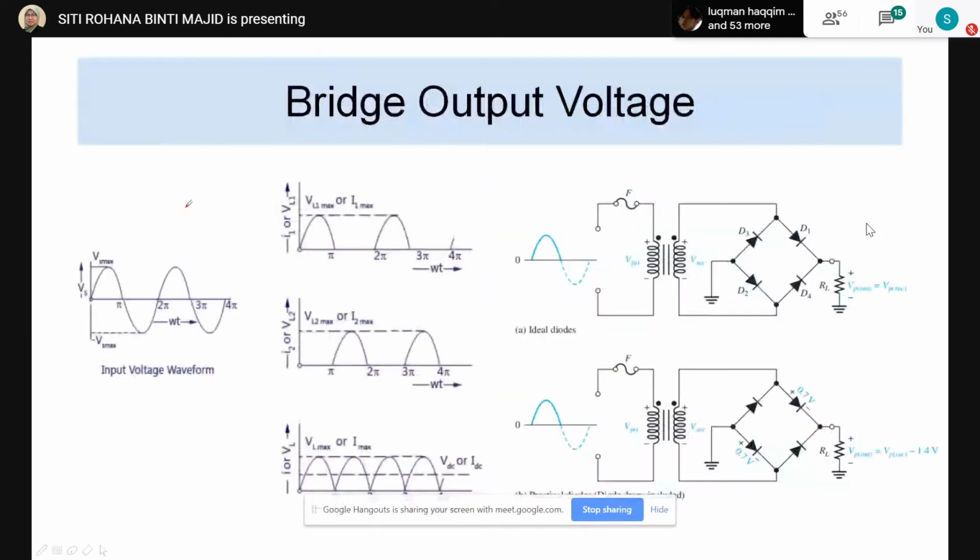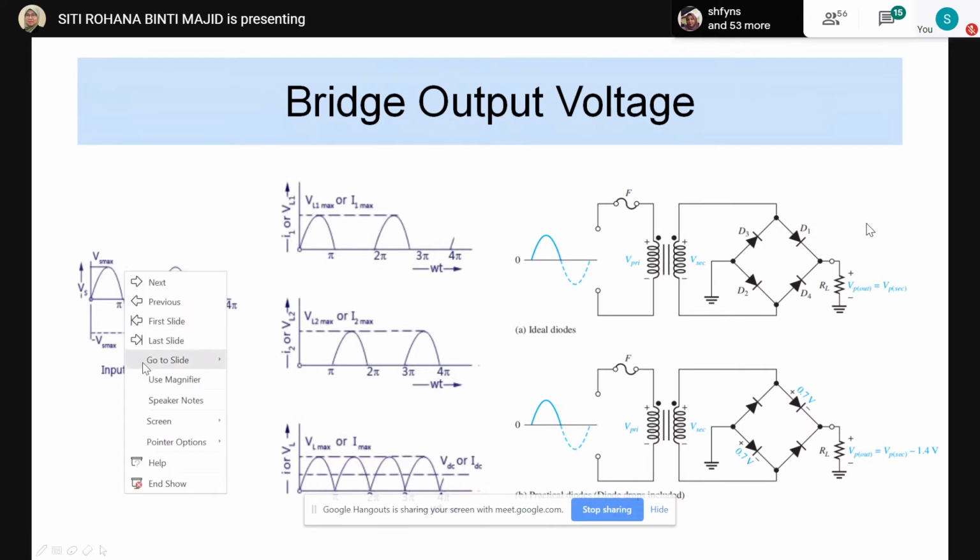From these two cycles, we know that this is the input waveform, which is a sinusoidal type. The input voltage has Vmax and also negative Vmax, and also we have time.